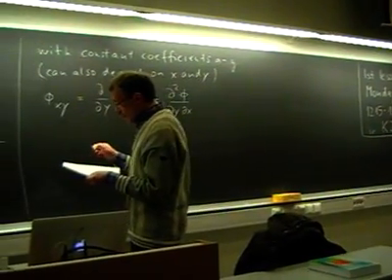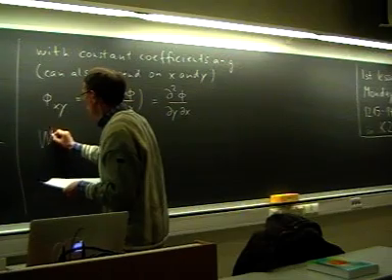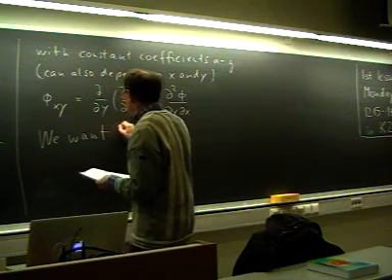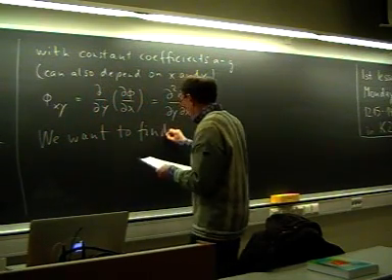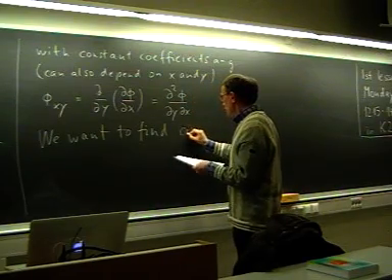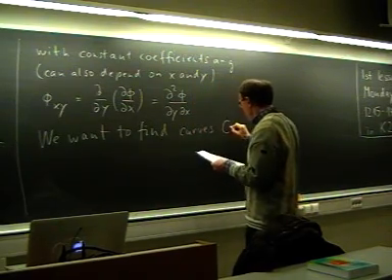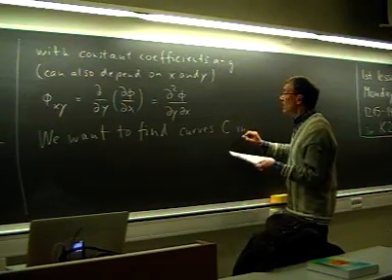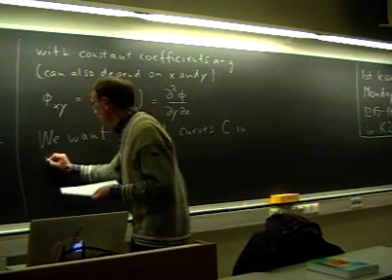But I think it's interesting because it shows some mathematical concept of how we can attack PDEs. So the idea is here, we want to find curves C, and what we are working in is the xy plane.